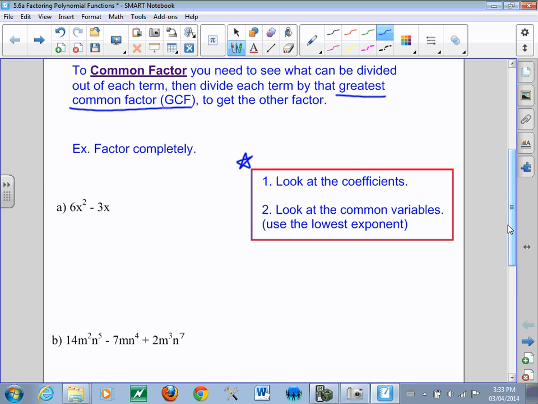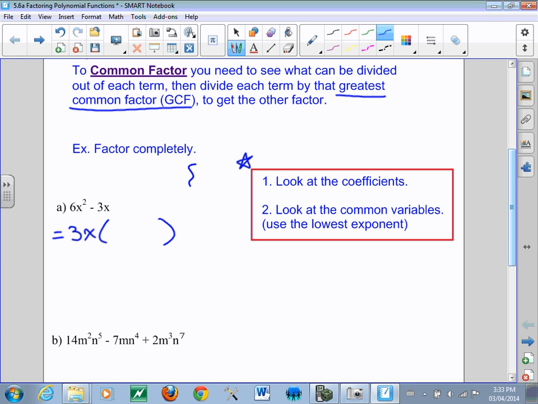Looking at example A, I look for the numbers first. What goes into both 3 and 6? That is 3. And I look to see, do my variables occur in both terms? Yes. You take the lowest power exponent, so it's going to be 3x to the power of 1, dividing both terms by 3x.